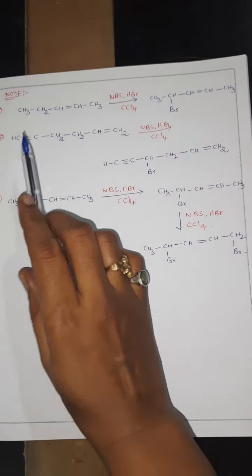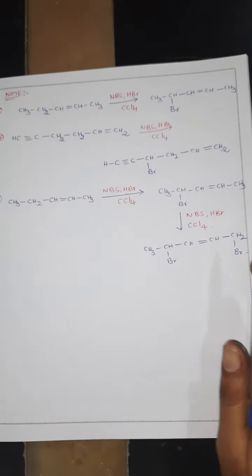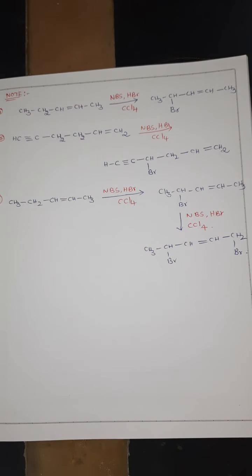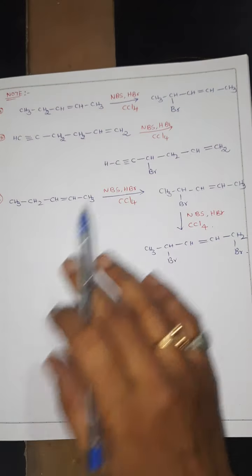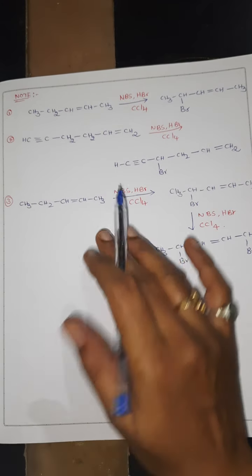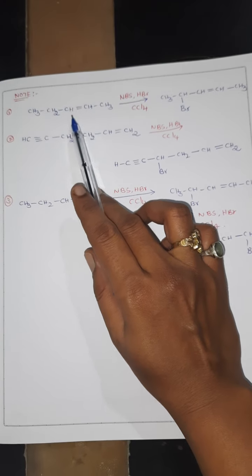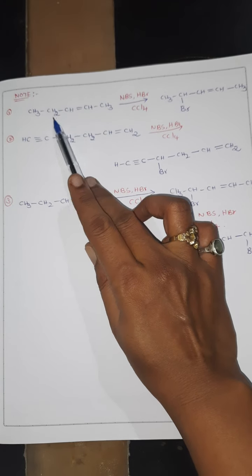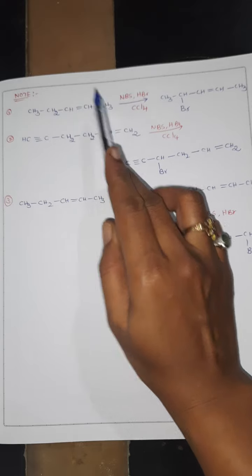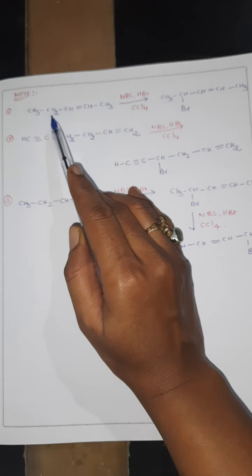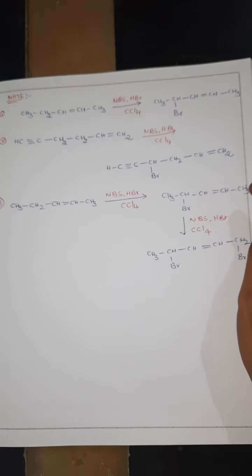Next, the characteristics of this reaction. The first one is, if we take an unsymmetrical alkene, then we have two allyl positions, and the two allyl positions are different.